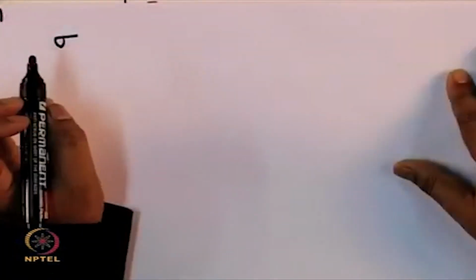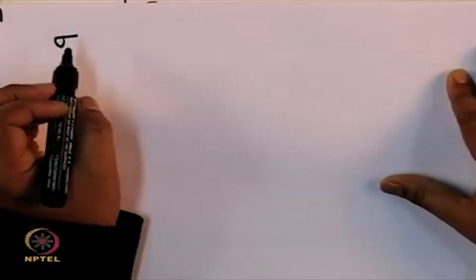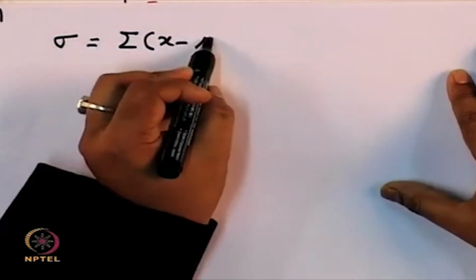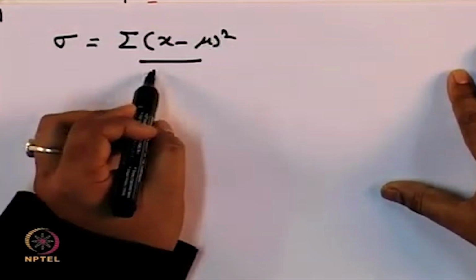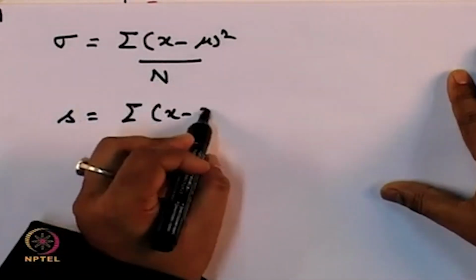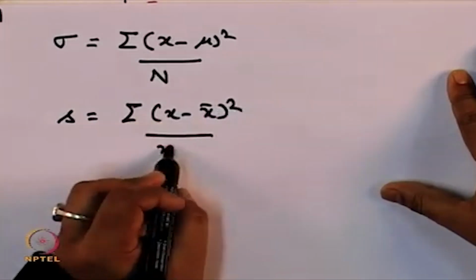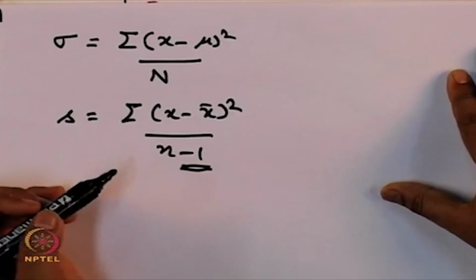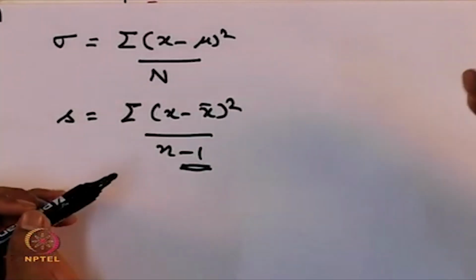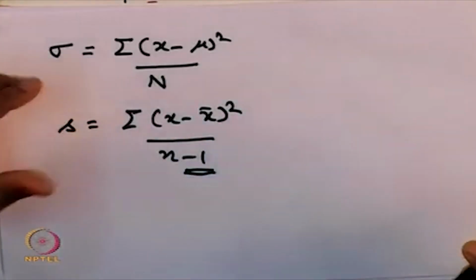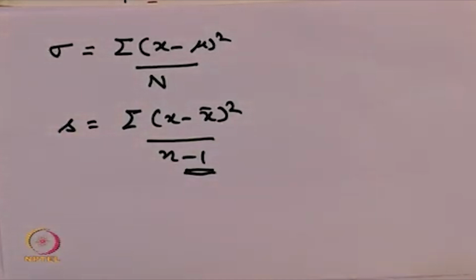You either use sigma to describe standard deviation of a population, and this is given by the square root of summation of (x minus mu) whole square by capital N, or S is for the sample, which is the square root of summation of (x minus x bar) whole square by n minus 1, right. So, once again note this minus 1. When you are doing a sample, it is thought that by dividing by n minus 1 you get a better estimate of the standard deviation of the population, right.